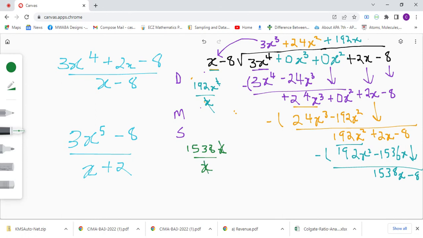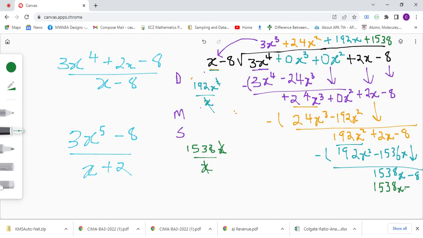We get positive 1538. 1538 times x, we get 1538x. 1538 times negative 8, we get negative 12,304.